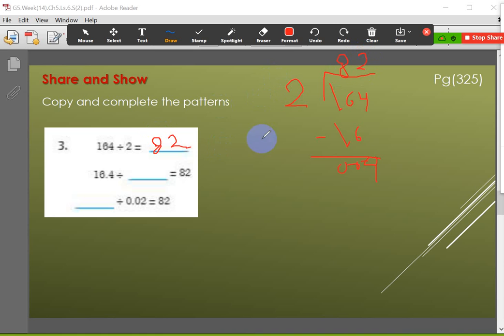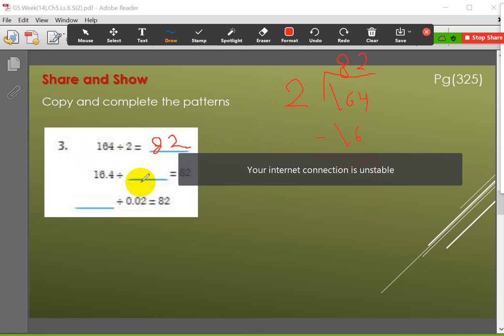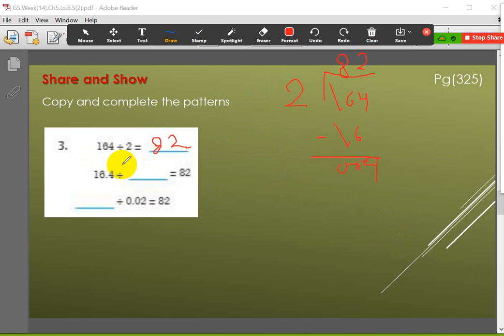Okay? Now, which pattern do I have to use here to make the 164 into 16.4? I have to multiply by 0.1 and the 2 will be 0.2, so it will give me the same answer.